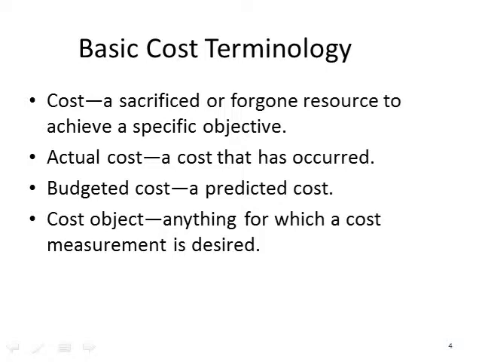And so this idea of cost objective, if I manufacture computers, one of my cost objectives might be how much does it cost me to manufacture a specific computer. If I manufacture gasoline, one of my cost objectives might be how much does it cost me to produce a given lot of gasoline, and I may have a cost objective that's as granular as 1 gallon.